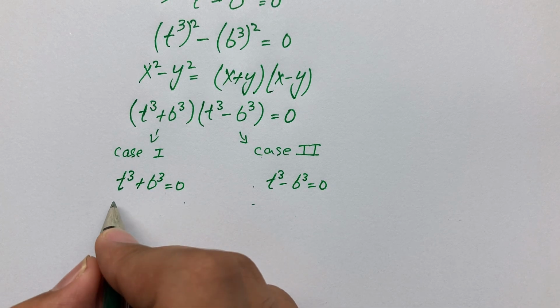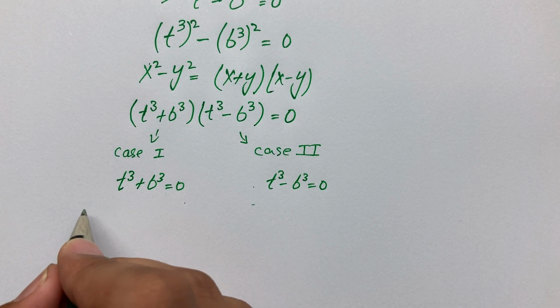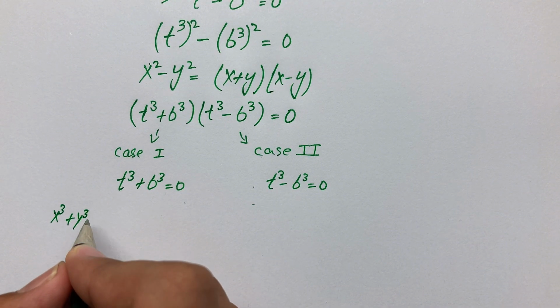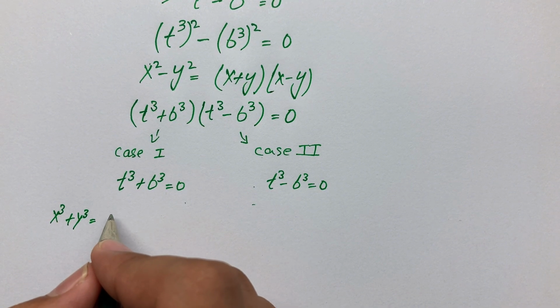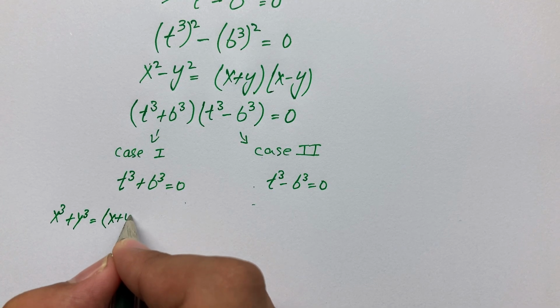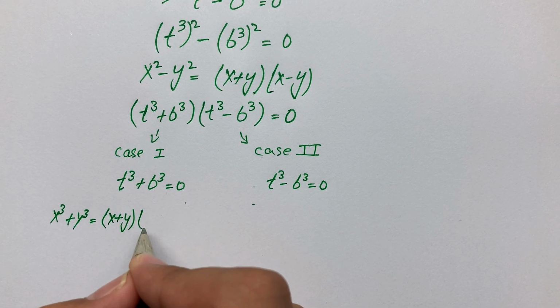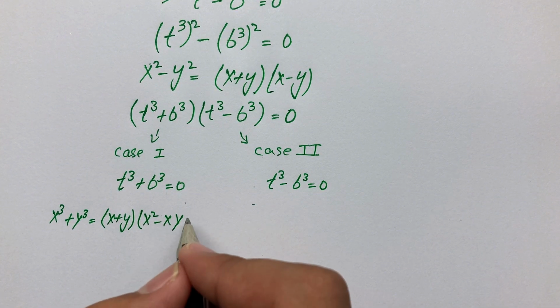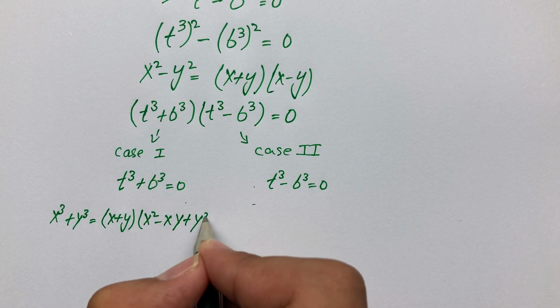And now we are using the formula on this side: x to the power 3 plus y to the power 3 is equal to x plus y into x square minus xy plus y square.